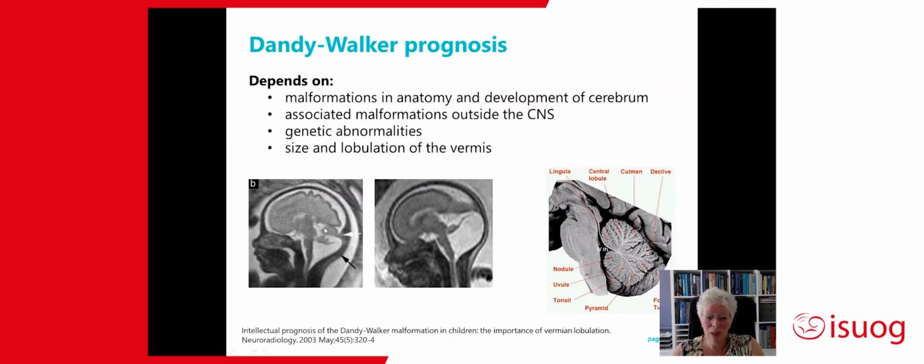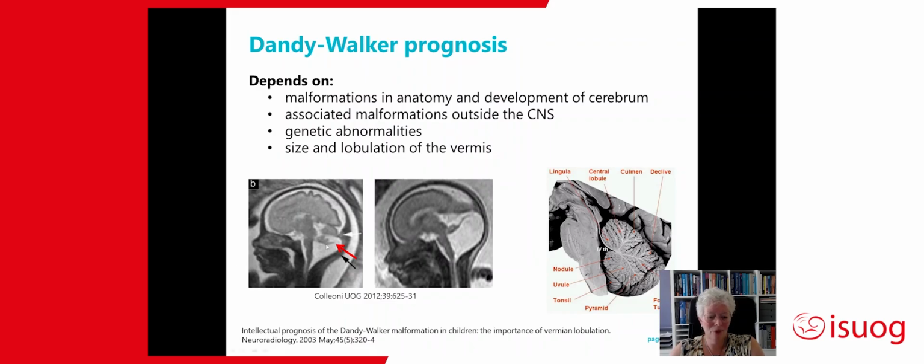If we look at these two fetuses, we think that the development of this baby will be better than the development of this baby, because here is more tissue developed.